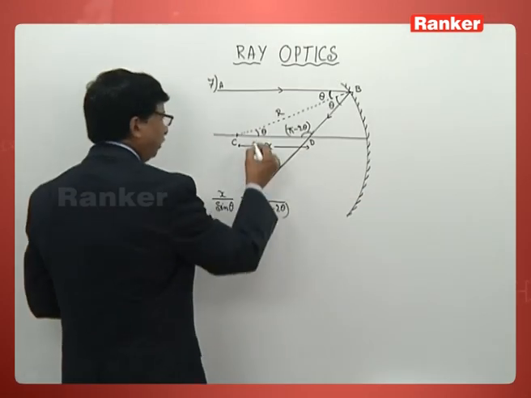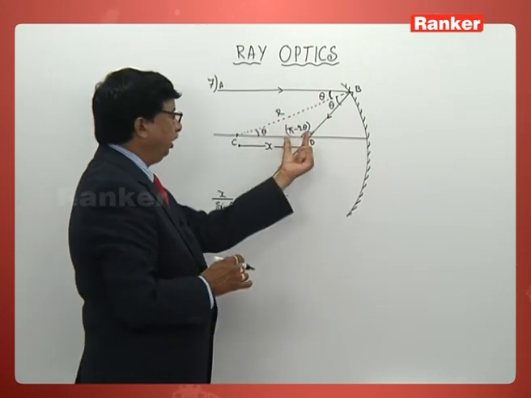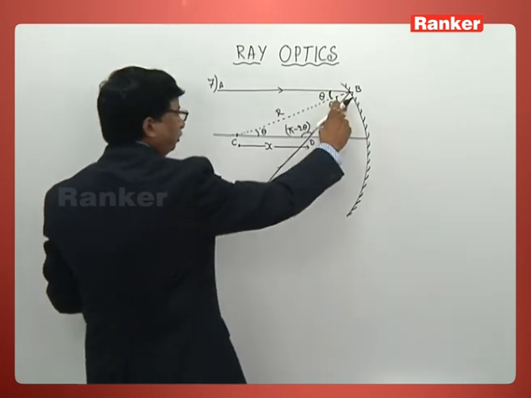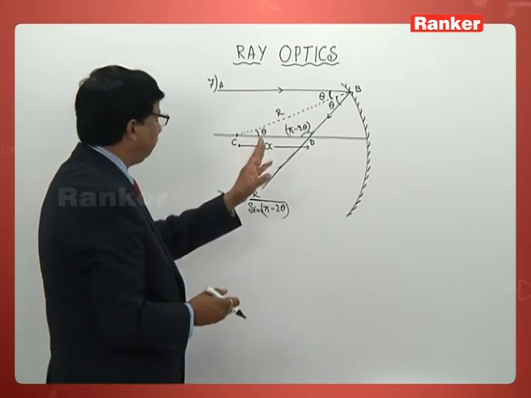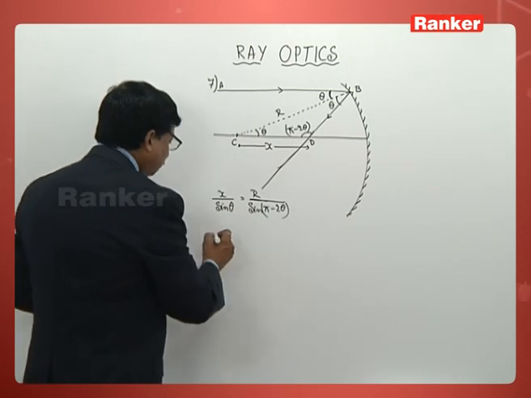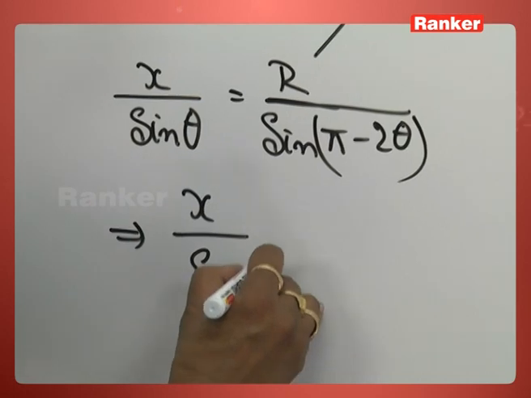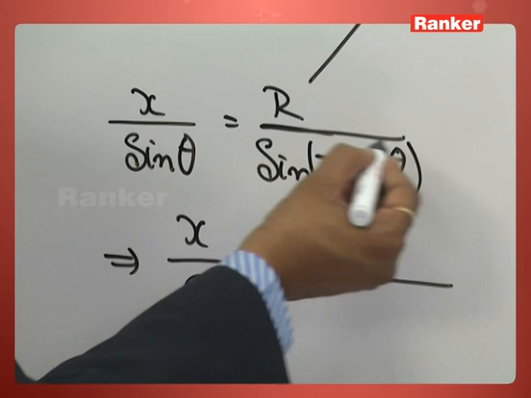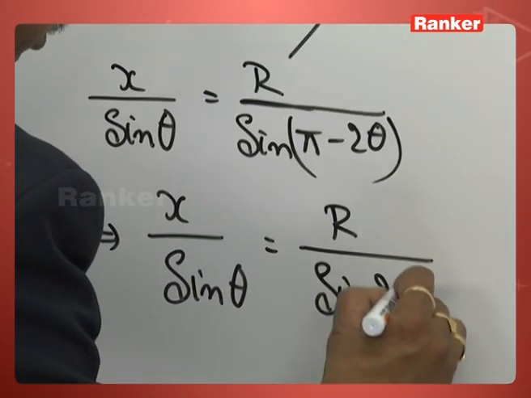Observe this concept carefully from this triangle. x by sine theta is r by sine of pi minus 2 theta, which is equal to this distance by sine theta also we can write. What is the distance we do not know, therefore I am not attempting that value here. When you equate these two, can't you just write x by sine theta now it becomes r by sine of 180 minus 2 theta, that again will be sine 2 theta.